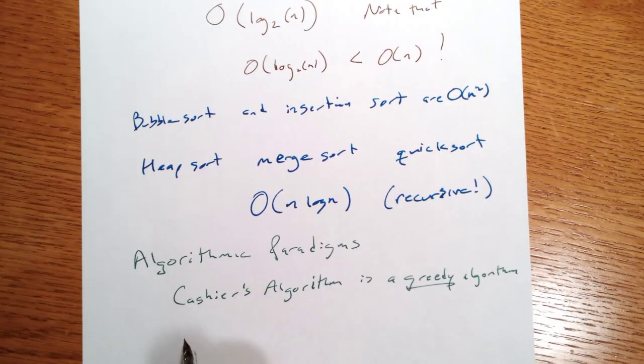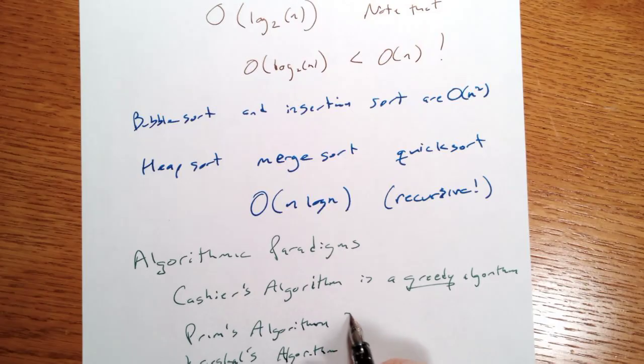In graph theory, we talk about Prim's algorithm and Kruskal's algorithm for minimum spanning trees.